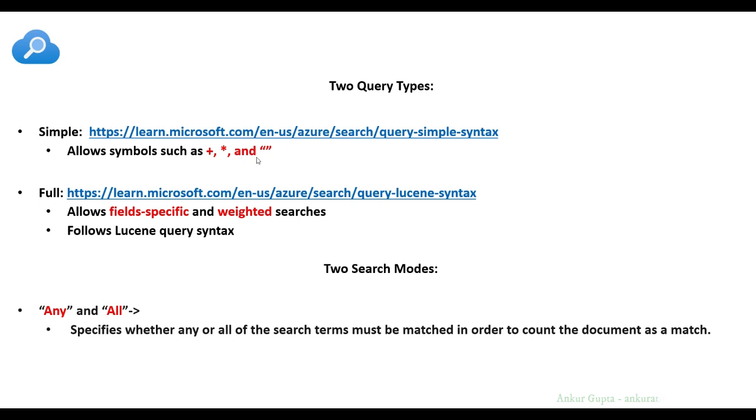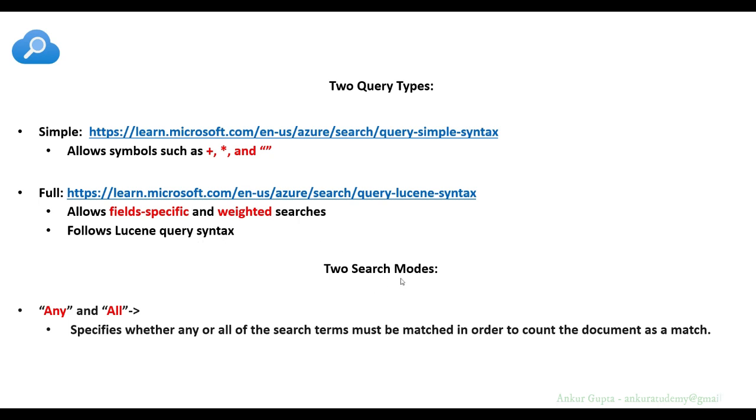All the documents are equally weighted and all the fields will be searched with the query string that you pass along. If you do a full query, you are allowed to do field specific searches and you can do weighted searches. So certain fields can have more weightage, certain keywords can have more weightage. This one is more flexible and follows Lucene query syntax.